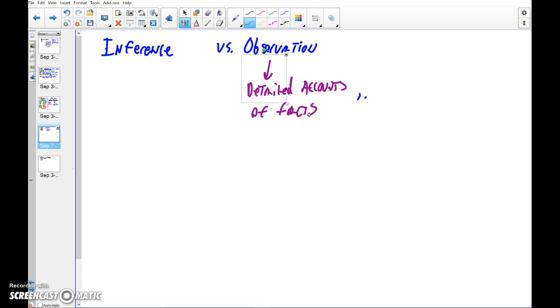That's the kind of thing that leads us to hypotheses. That's the kind of thing that provides us data. An inference is an attempt to discover what data might mean.